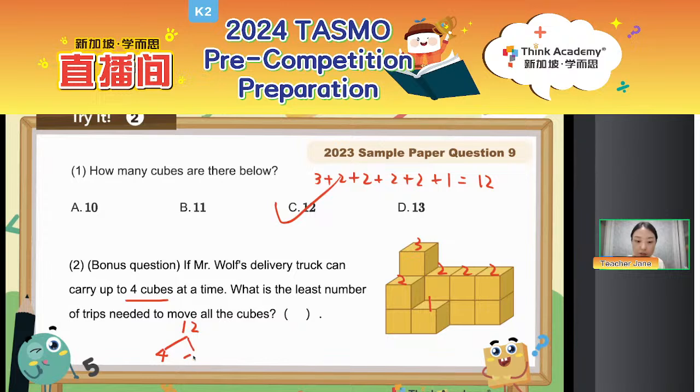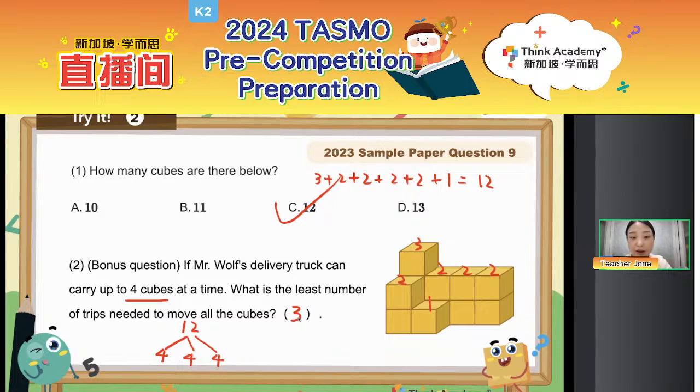And then 4 plus 4 equals how many? 8 already. We already moved 8. And then we need to move another 4, right? So this time we need at least 3 trips to move all of them. Good job, everyone. So probably we already know how to do it, right? So think about this.